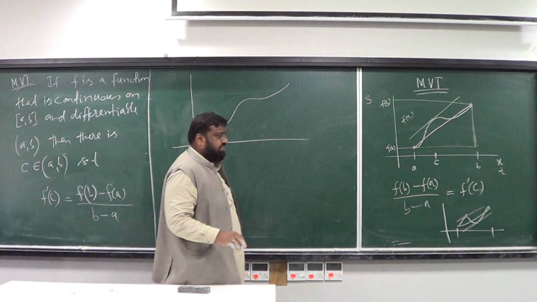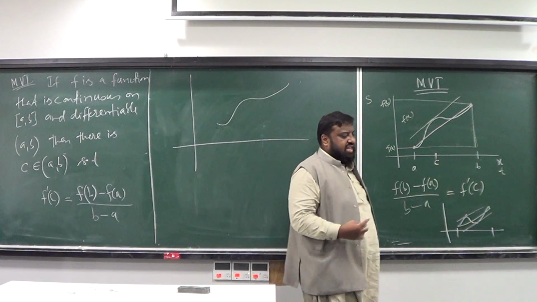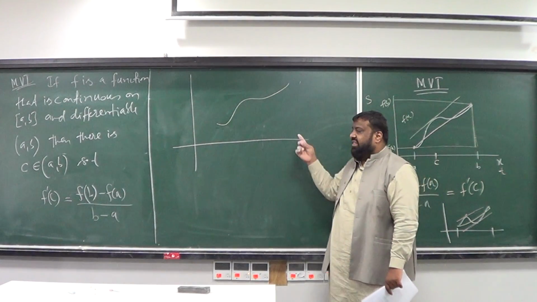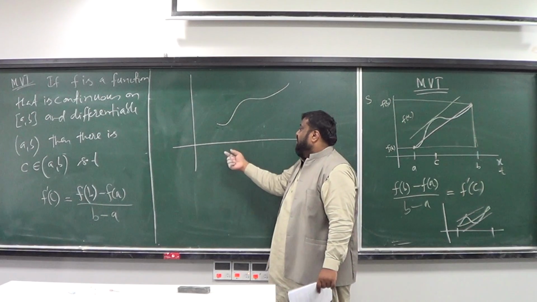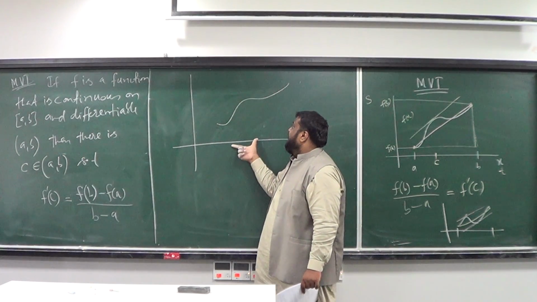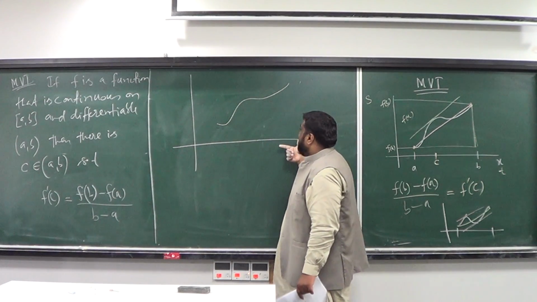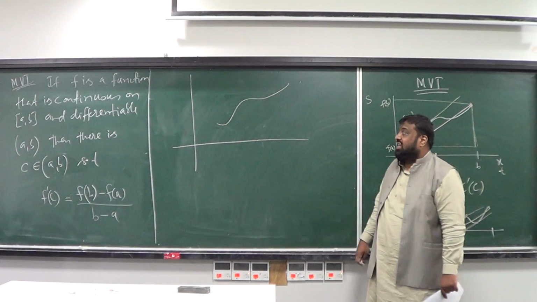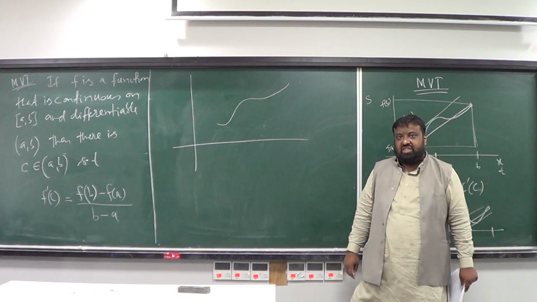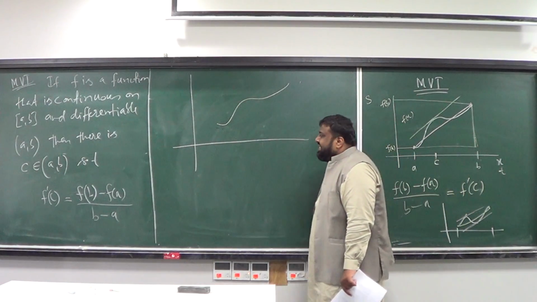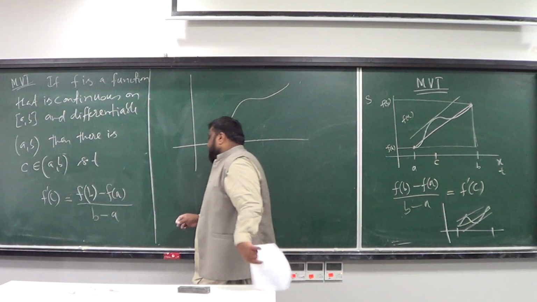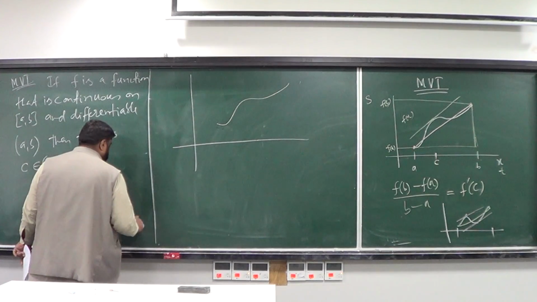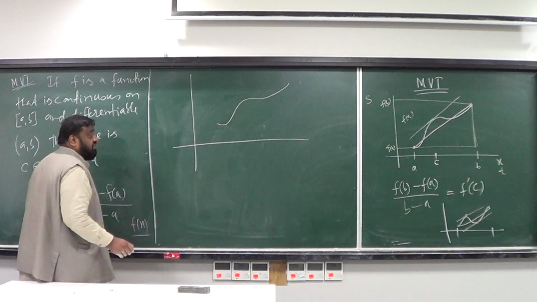I can have a graph and know where the function is decreasing and where it is increasing. I can see the function and judge where it is increasing and decreasing. But imagine I have an abstract function f of x which I don't know in general.